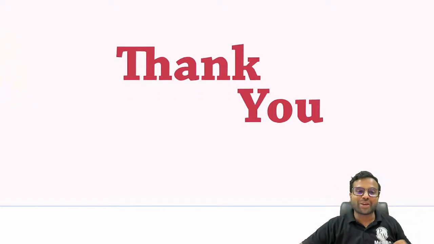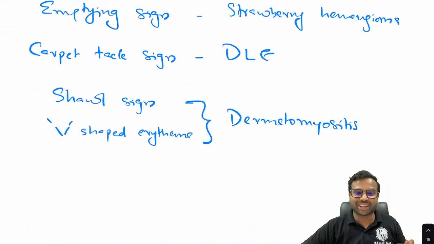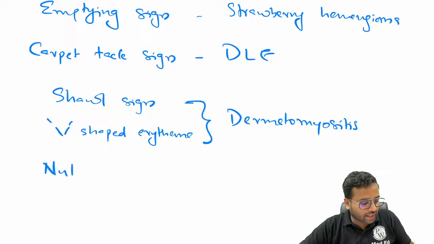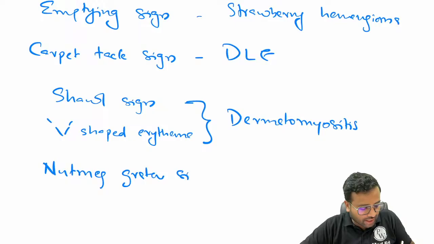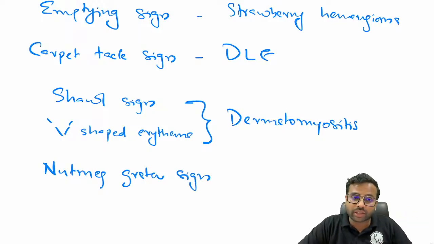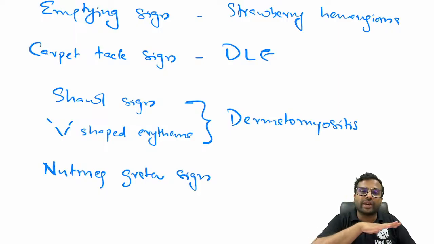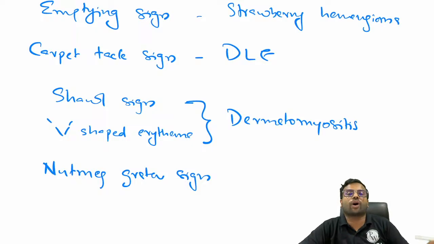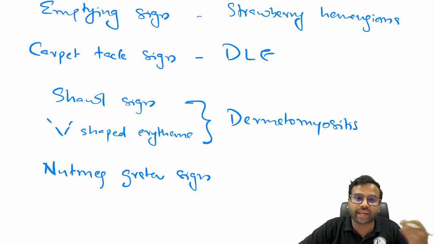So Kishore is adding one more. So all of you are, I think, brainstorming now. Kishore is saying nutmeg grater sign. Just like the nutmeg grater that you have in the kitchen, the skin may feel very rough when you try to palpate over the skin. That is because of follicular hyperkeratosis.